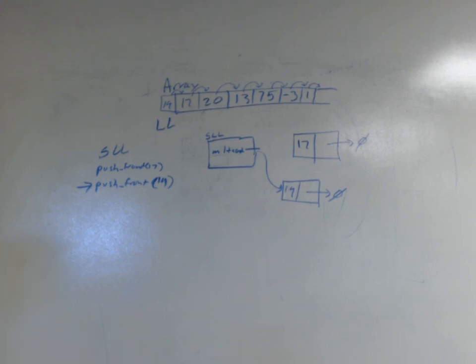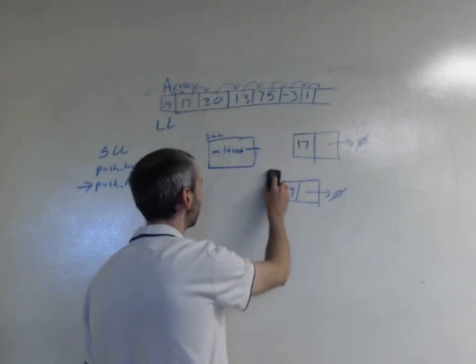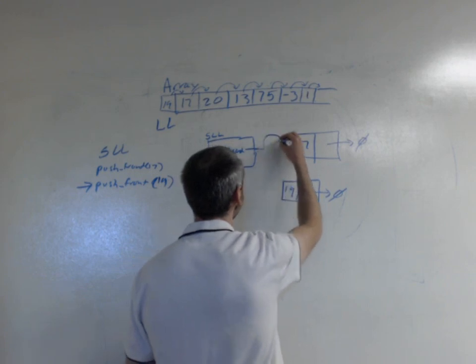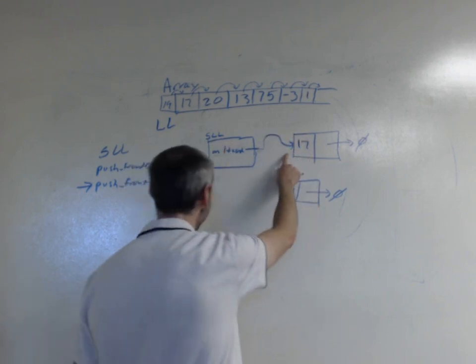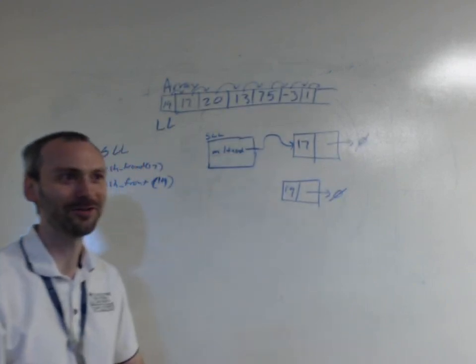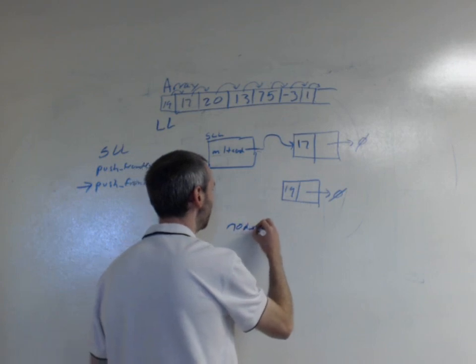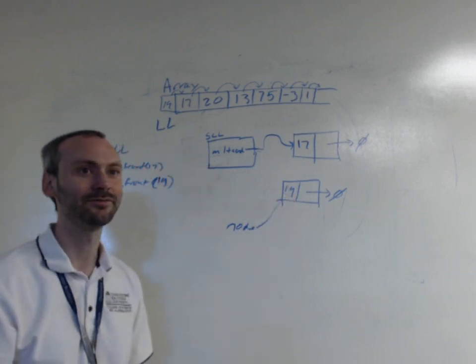Okay. So where did we go wrong? Well, maybe it was the node creation, but at this point our code is still correct because we have node over here pointing to 19. So what do we need to do?